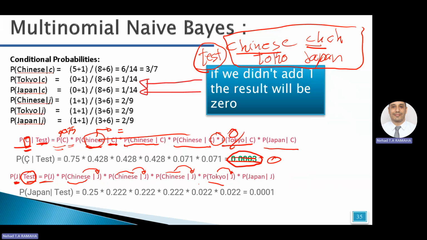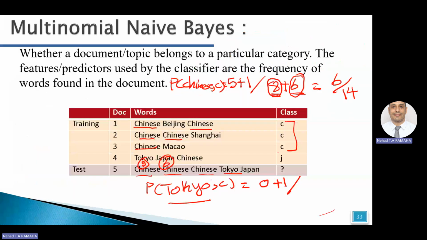How many times we have Tokyo, or a different word, which is 8, plus how many different words? 6. This one will always be the same for category C. So divided by 14.